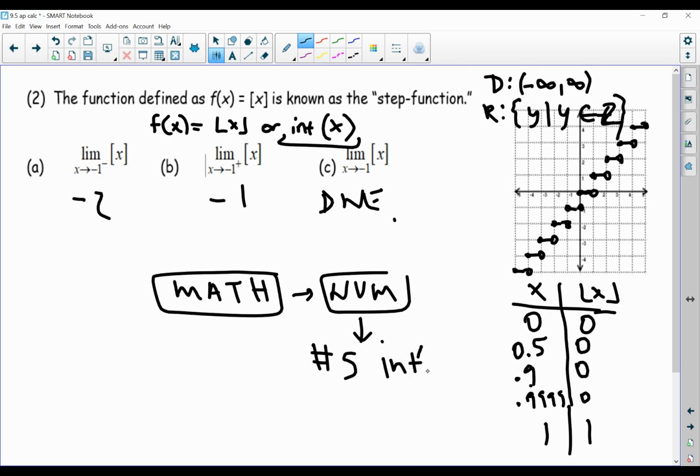So if you graph it just in your graphing thing, you would just do int x and then graph it, and it'll give you little steps. Now it's going to look like the steps are closed on both sides because of the pixelation of your graphing calculator. Know that in your graphing calculator, they're not going to show you these open circles, so you have to know where the open circles are. That's part of where you are smarter than your calculator, okay?